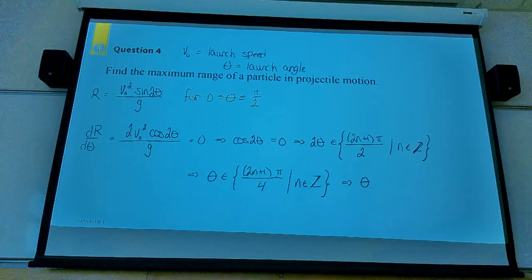So which odd multiples of pi over 4 lie between 0 and pi over 2? Is that an odd multiple of pi over 4?